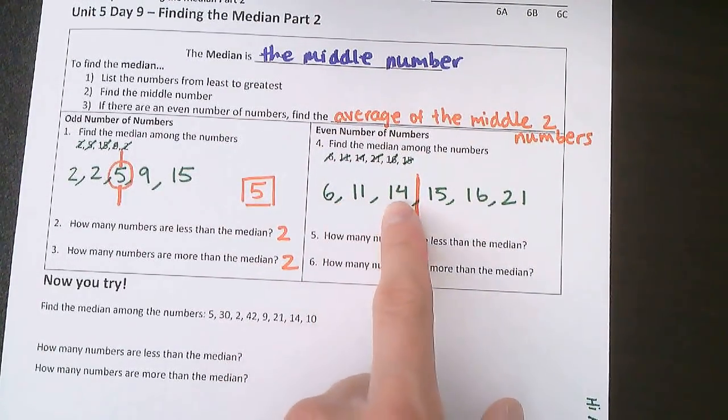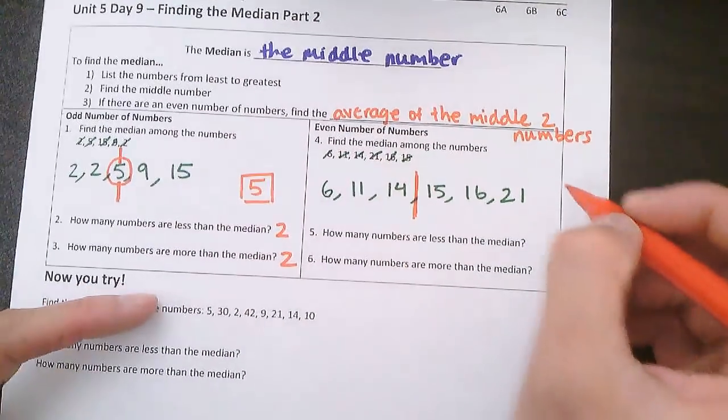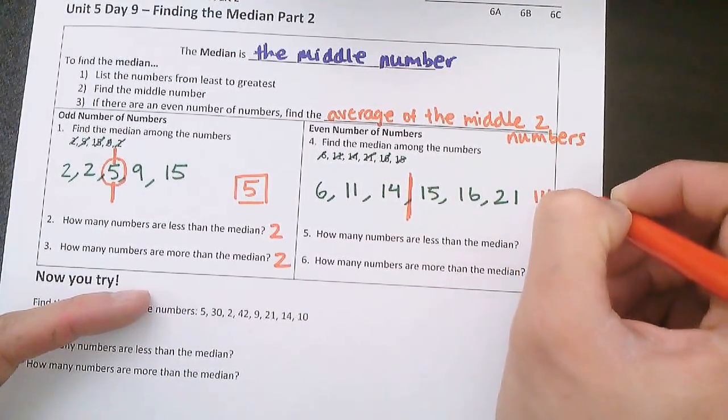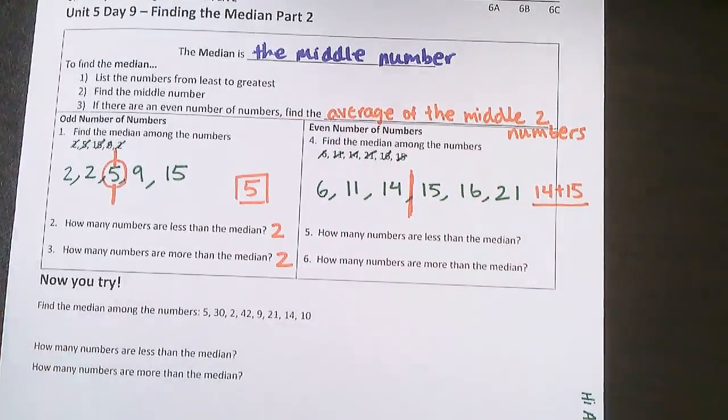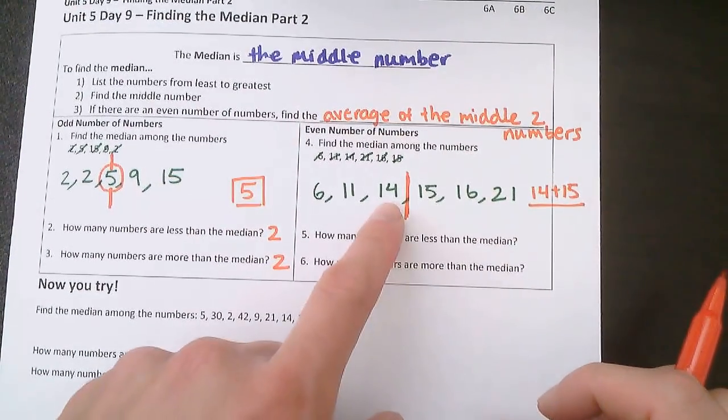So, to find the average between 14 and 15, we have to add them up. And then divide by how many numbers there are.